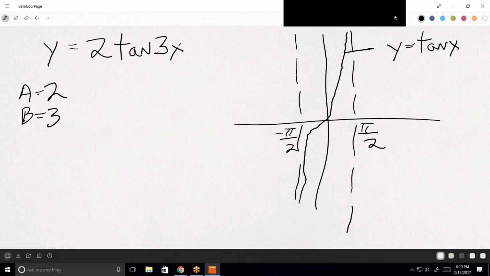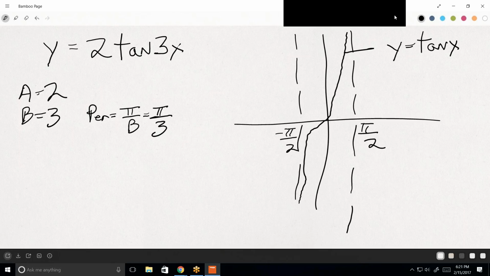Actually, with tangent, the period is pi, not 2 pi. Oh, gotcha. It's pi over b. So with tangent, it's always pi, tangent and cotangent. Their period is pi. All the other 4 have a natural period of 2 pi. But because this has a period of pi, its period is going to be pi over 3.